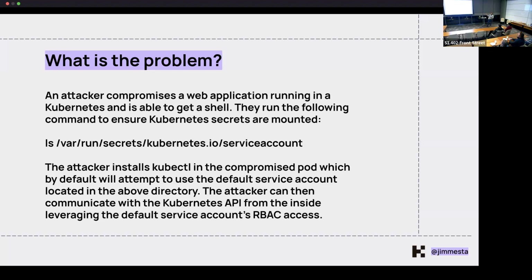Service accounts are actually a form of secrets, right? You can find them at var run secrets, Kubernetes service account. My problem with secrets is it's not so much that they're sitting in etcd, it's the fact that they're mixed in with everything else, right? If you want to use Kubernetes secrets natively, you have to have RBAC that's pretty locked down, because you don't want to give everybody access to just dump all the secrets immediately.